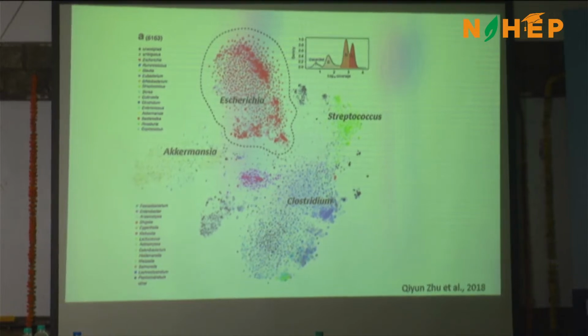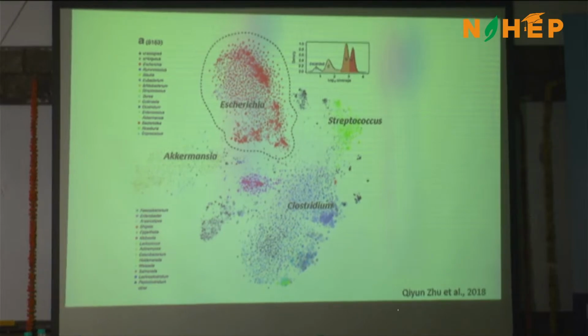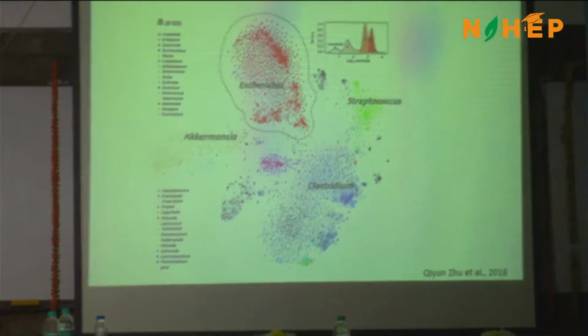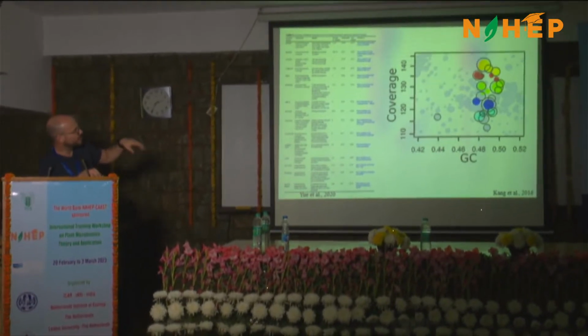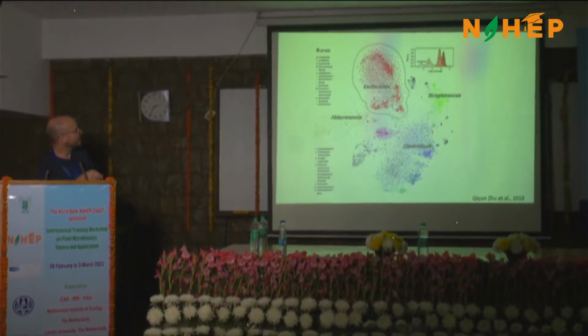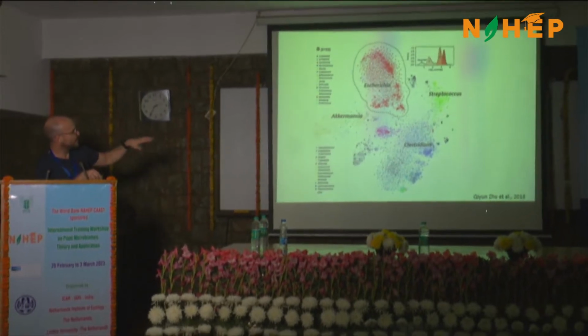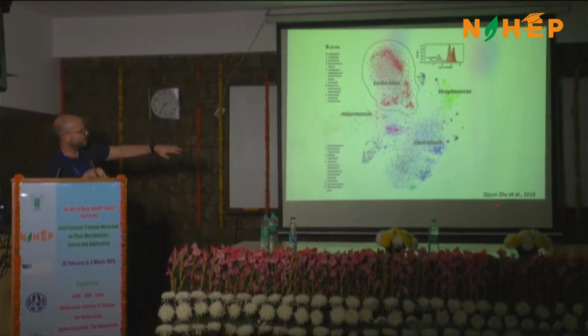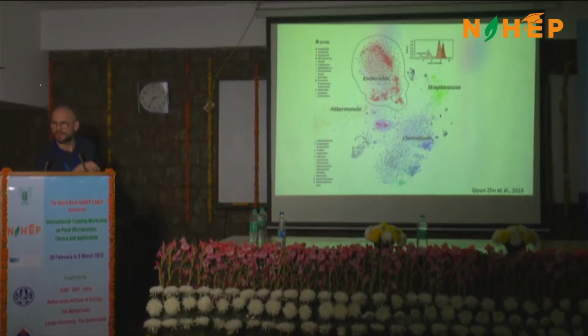Okay, this is a real life example of how it looks when you do binning. I'm not sure which tool they used here, but I'm sure they used GC content and coverage. In this particular gut metagenome, the main bacteria present was Escherichia coli.